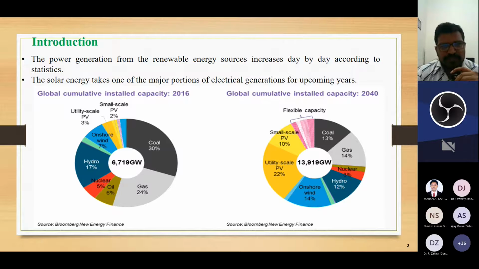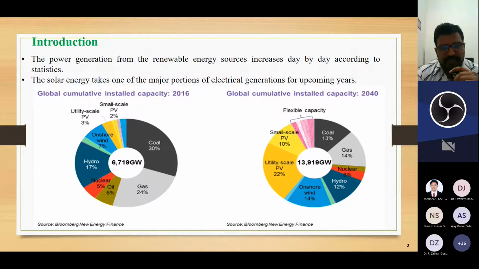Coming to power generation, most of the power generation is from coal and gas, that is, we are dependent more on fossil fuels at present. Not only the Indian government but also the entire world is looking to change from this consumption of fossil fuels.